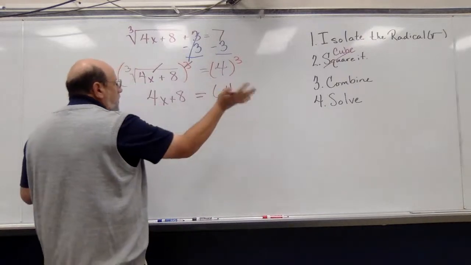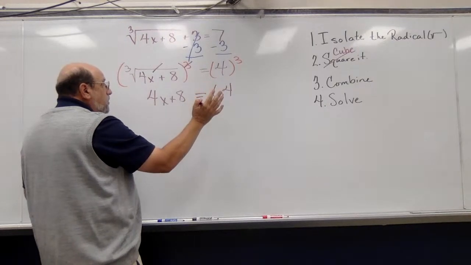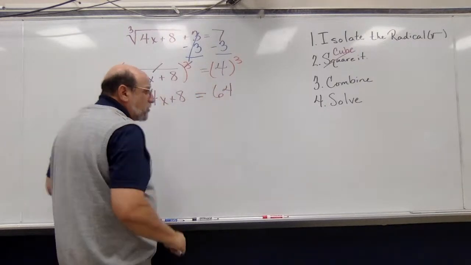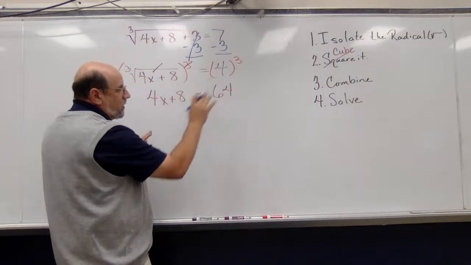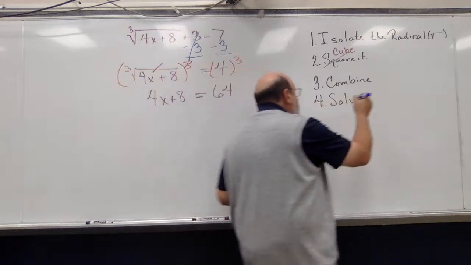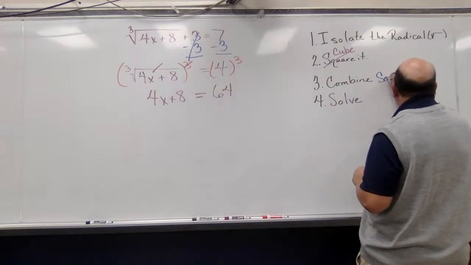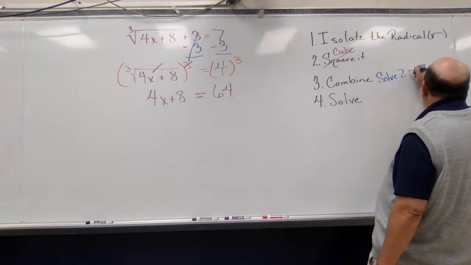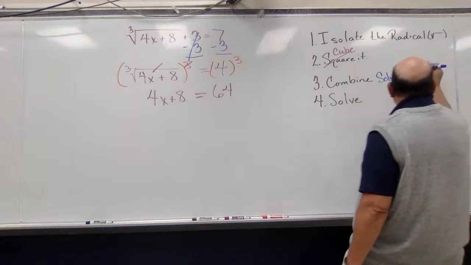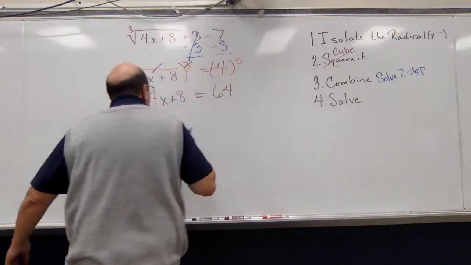All right, now, what do I have to do? Now I have a simple two-step equation. I need to now isolate the variable instead of combine, right? Solve two-step. There we go. How do we do it?